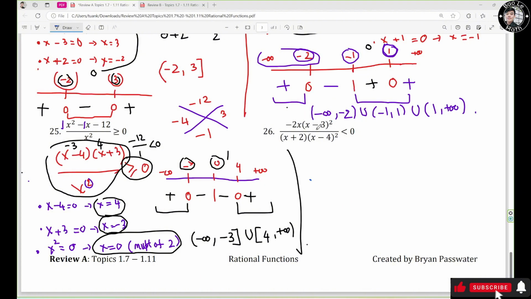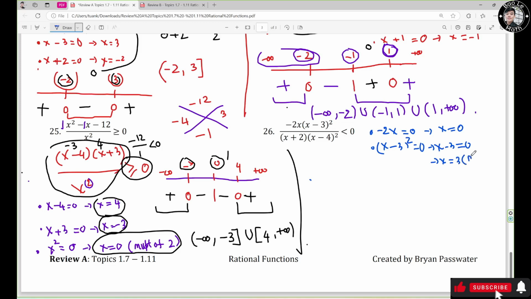Now let's move on to number 26. I need to find the 0 of each of these. So I have negative 2s equals 0, and then s equals 0. Next one, s minus 3 squared equals 0, and then s minus 3 equals 0, so s equals 3.